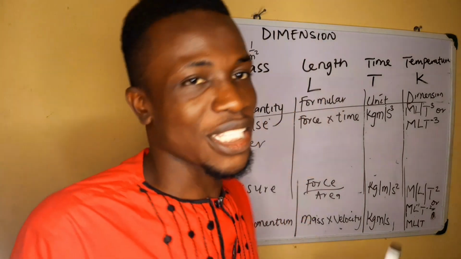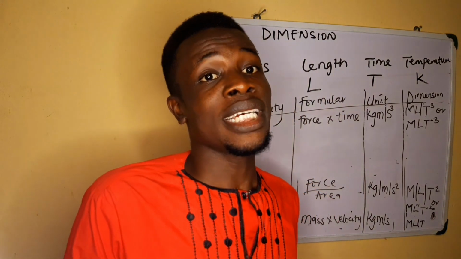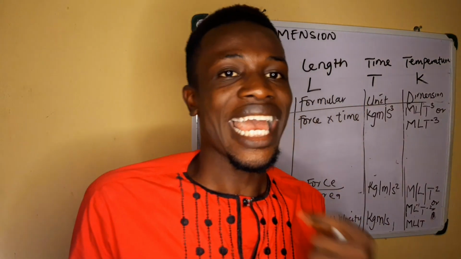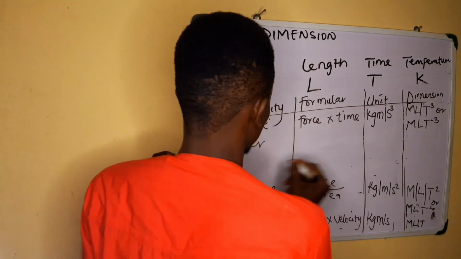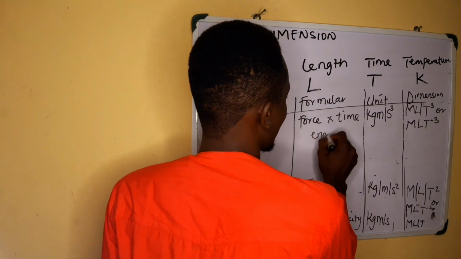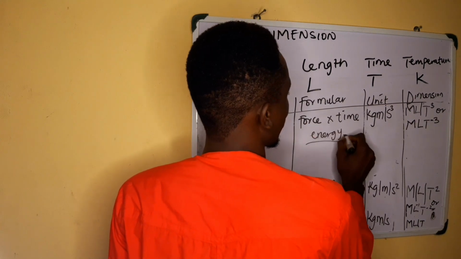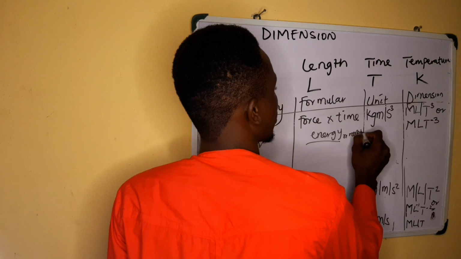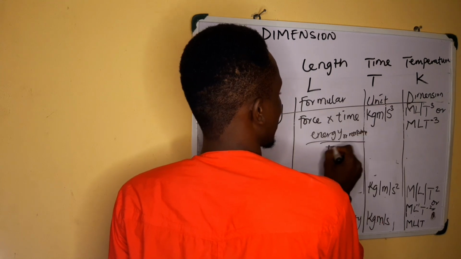Power. What is power? Power is actually the time rate at which energy is being what? Expended. Okay? So power is actually energy or work done all over what? Time.